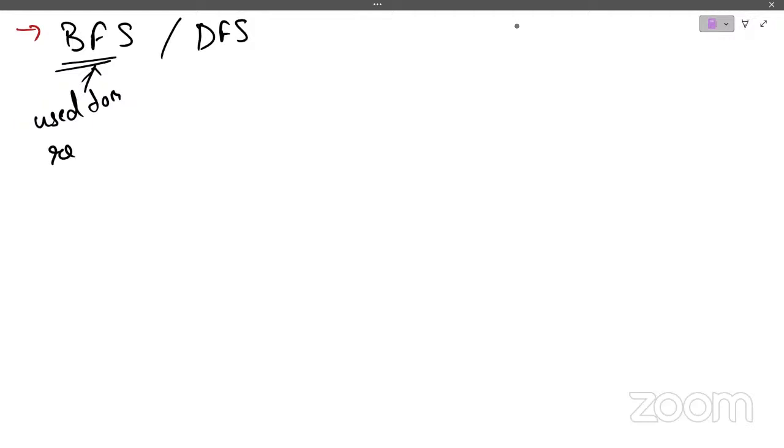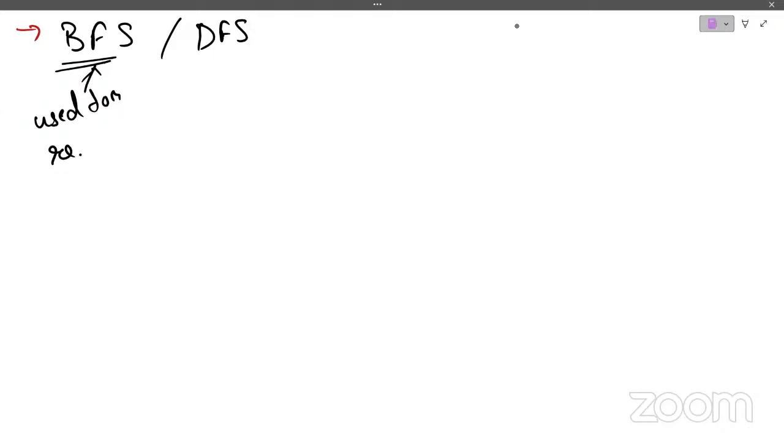Fine. So there are two processes basically, BFS and DFS. These are mainly used for the reachability concept. Reachability means whether you can travel from one vertex to another vertex or not, right? That's the main motive for constructing BFS and DFS.